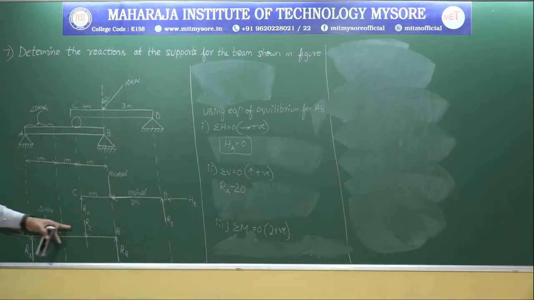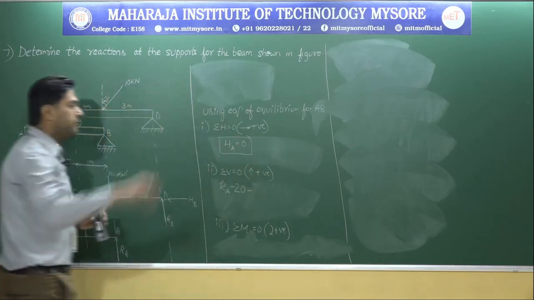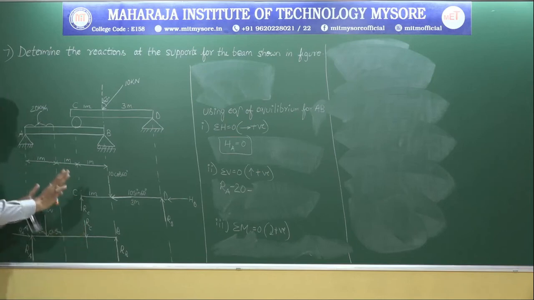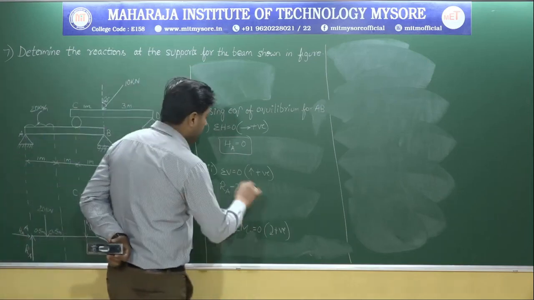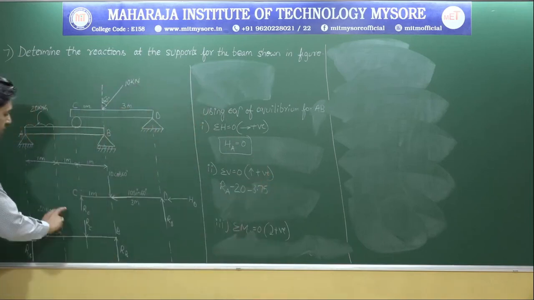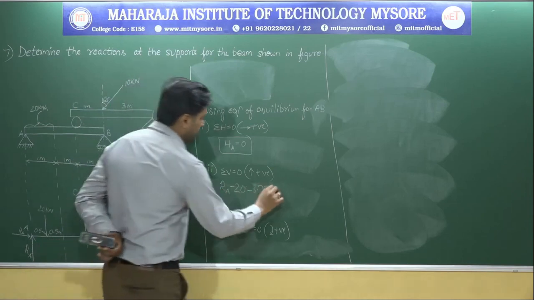Next, we are having RC value. It is acting in downward direction, so minus. The value of RC that we got is 3.75, so you write that. Next, if we come over here, it is upward acting RB.